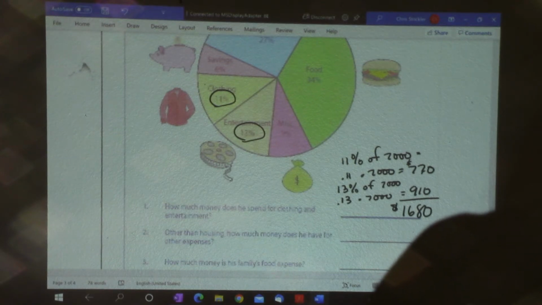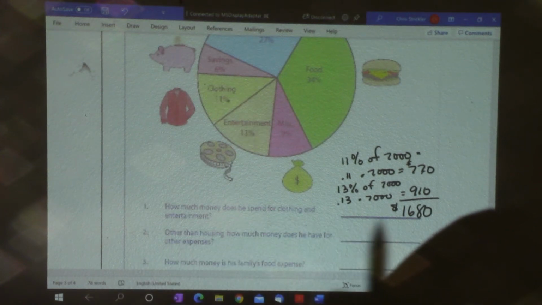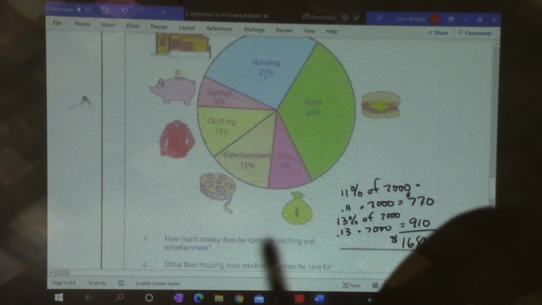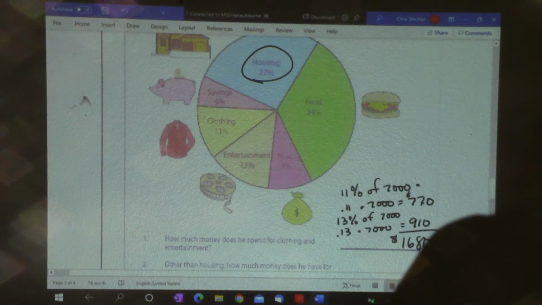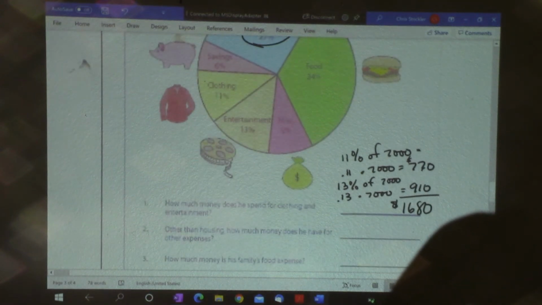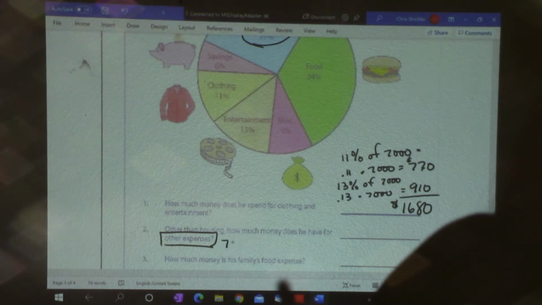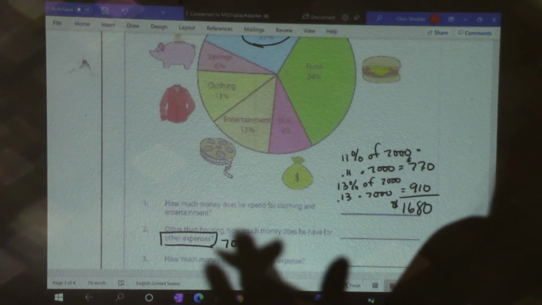Other than housing, how much money does he have for other expenses? Well, let's see. Housing is 27%. So we want to know what everything else is. So the total we know is 7,000, right? So if I find out what housing is, then I can subtract that from the total.